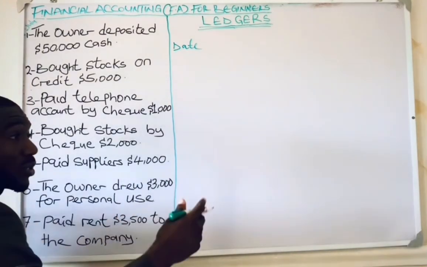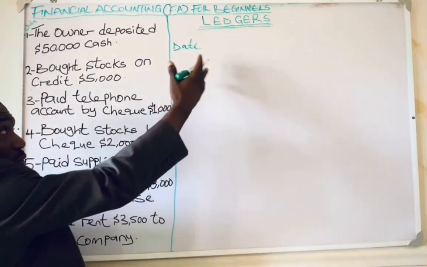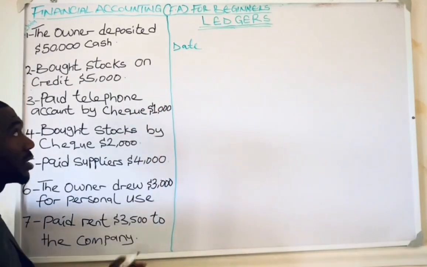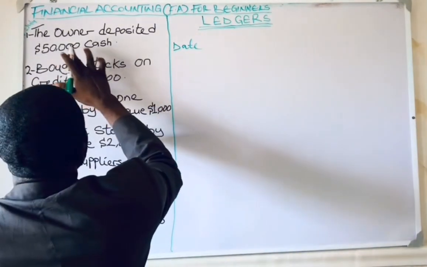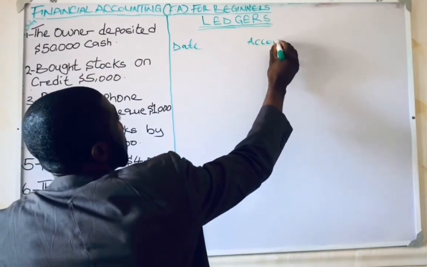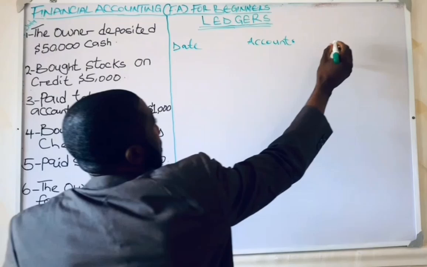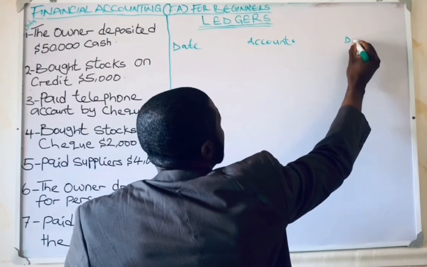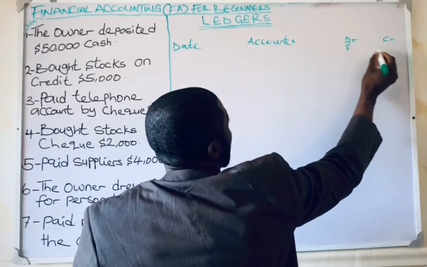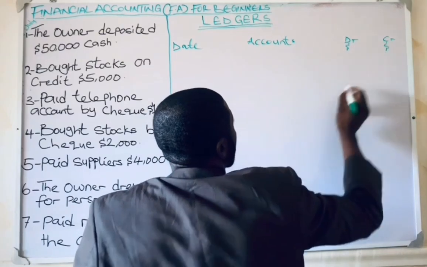And the accounts in the journal are what we use to prepare our ledger. Simple as that. So, date, accounts, your debit, credit, currency sign, dollar, currency sign, dollar.